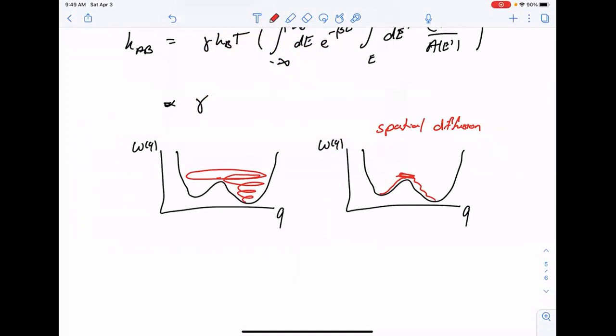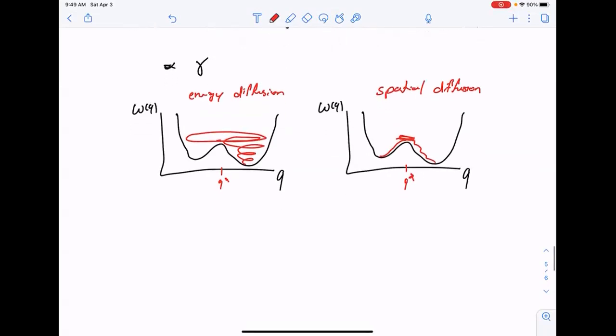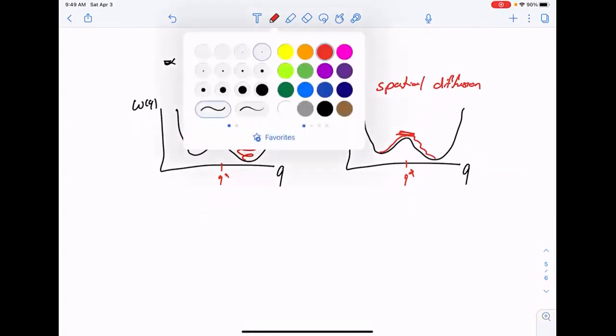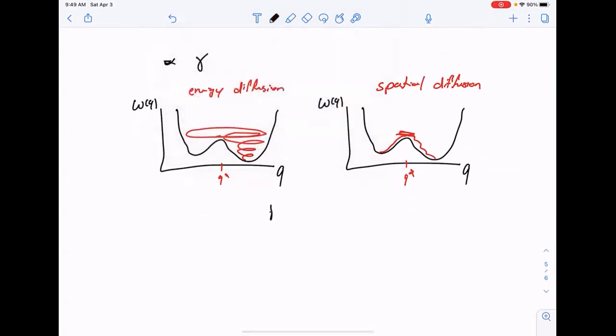So the recrossing along Q star in these two limits come from physically very different sorts of processes, either waiting for energy to leave the system or waiting for spatial motion to commit the system to the basin.